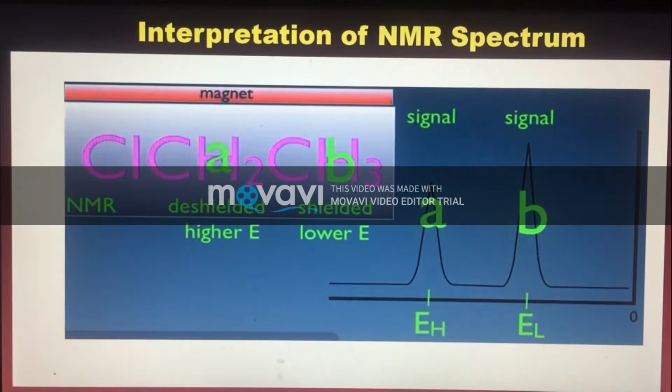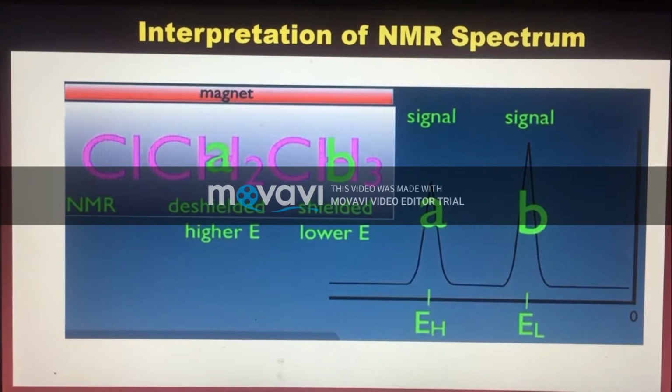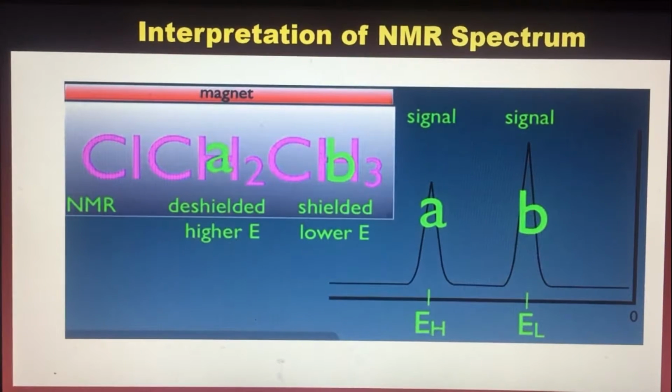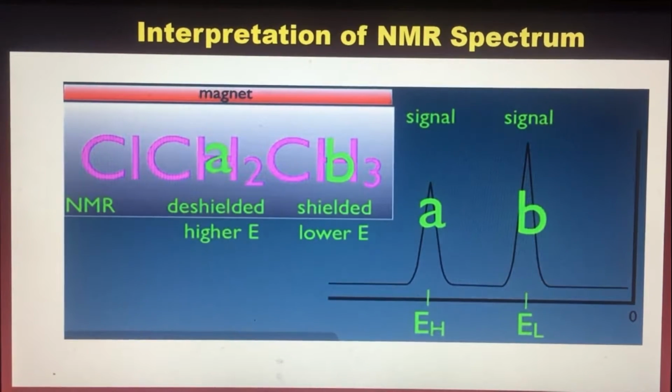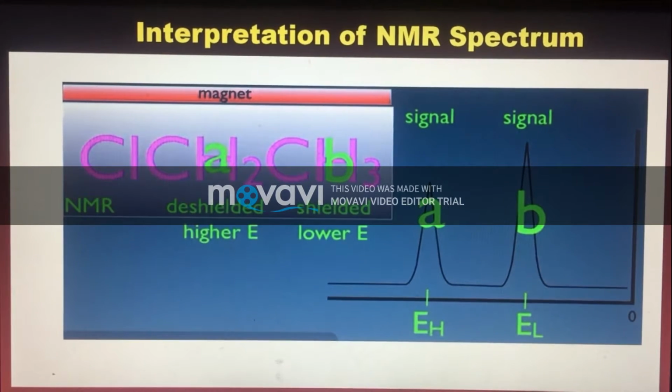That means it can attract electrons towards it. That's why electrons are attracted by chlorine, and this hydrogen atom becomes deshielded. So higher energy is required for this one to put into resonance.